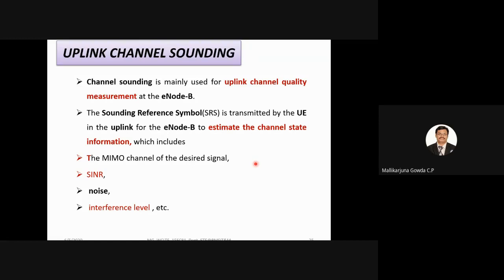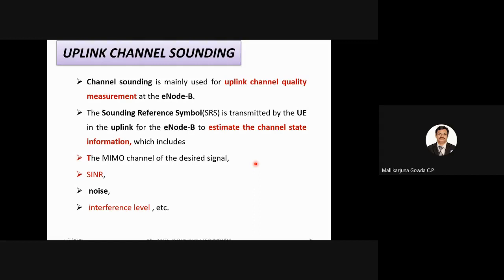The sounding reference symbol is transmitted by the user equipment in the uplink for the eNode B to estimate the channel state information. The channel state information consists of the MIMO channel of the desired signal, signal to interference noise ratio, then noise, as well as the interference level.